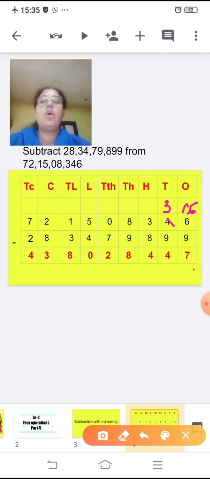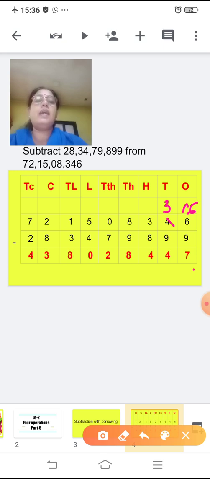What you can do is, from the subtrahend, that is the number 9, you count after 9: 10, 11, 12, 13, 14, 15, 16. So you count till the number 16 and you get the answer as 7. Now in the same way, in the tens place it is 3 minus 9.